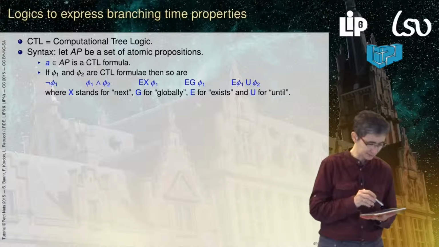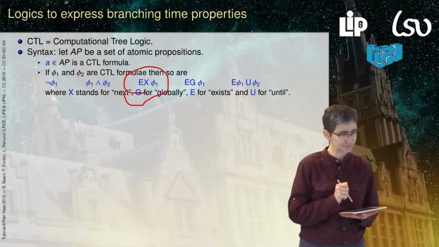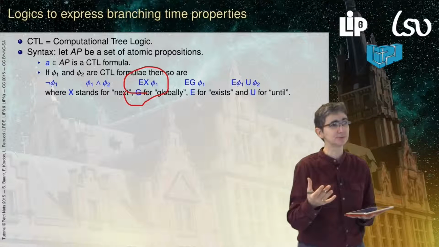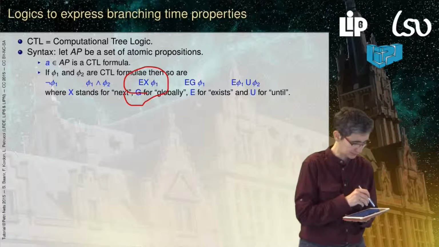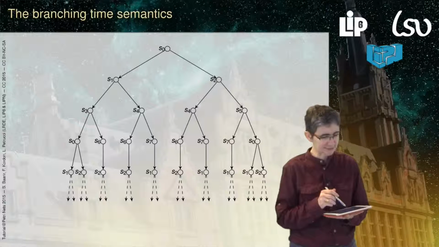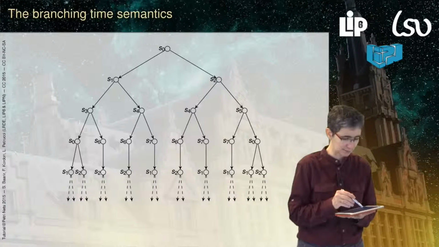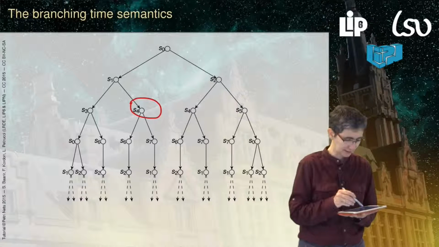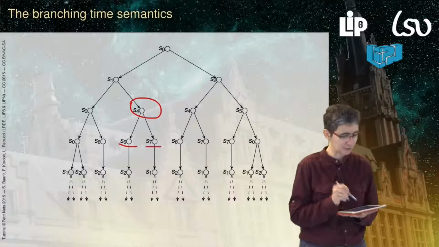So you can express in CTL EX phi1. You remember that you have a full set of paths that you can use. Exists next makes it possible to express that if you are in some state here, there is something happening next on one branch or on the other branch.